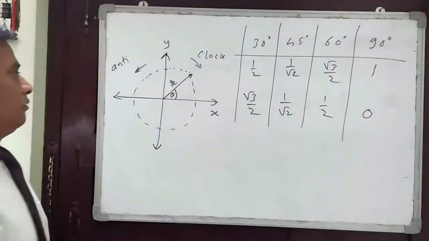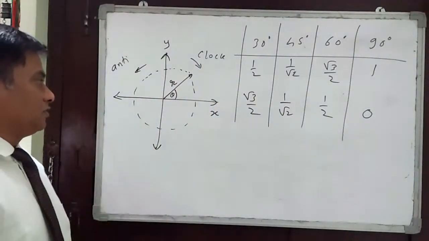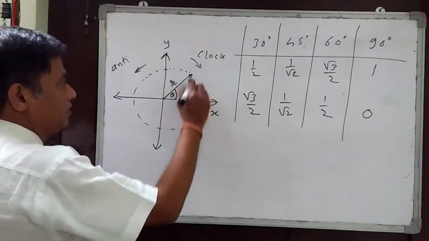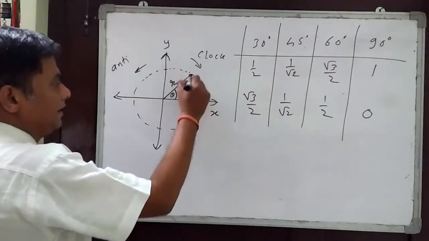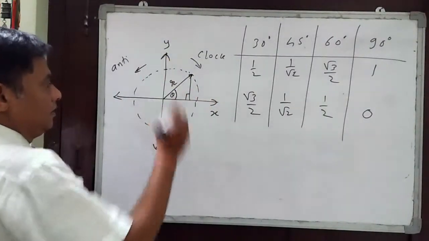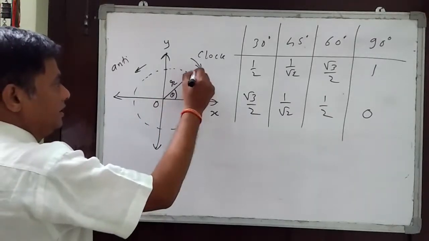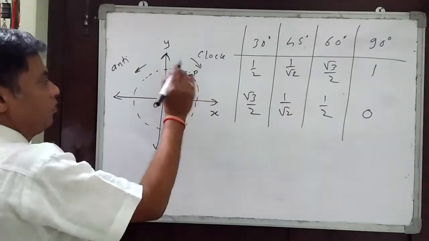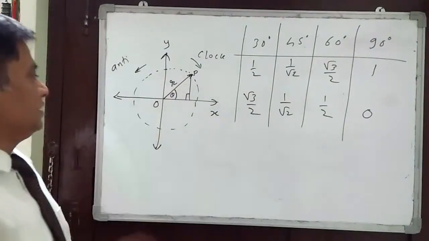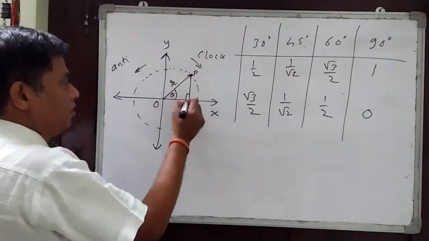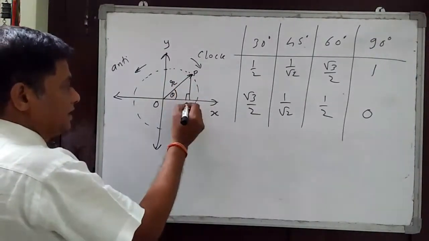Now, what is the meaning of sine and cos here? For that, we will first form a right angle triangle. Suppose this point is O, the tip of the revolving ray is P, and we have drawn a perpendicular from P to the x-axis.